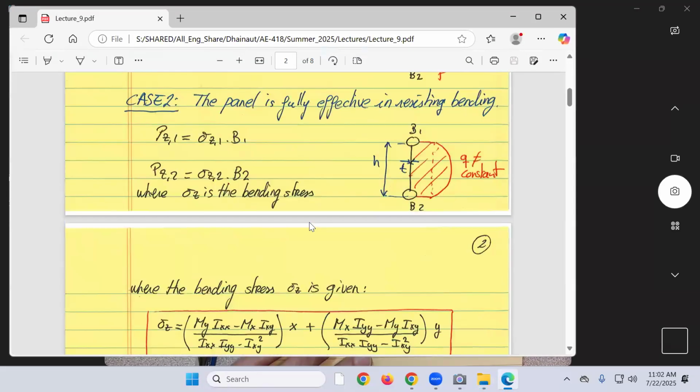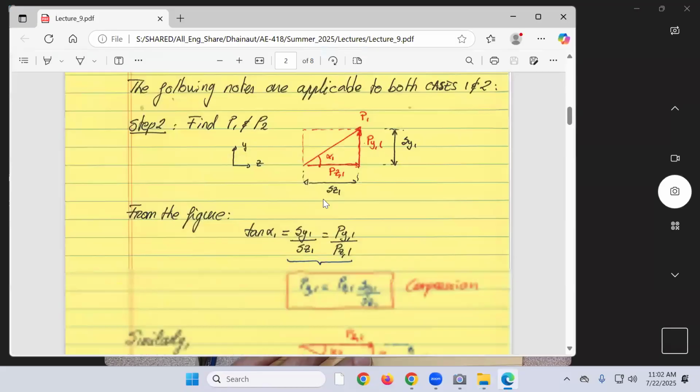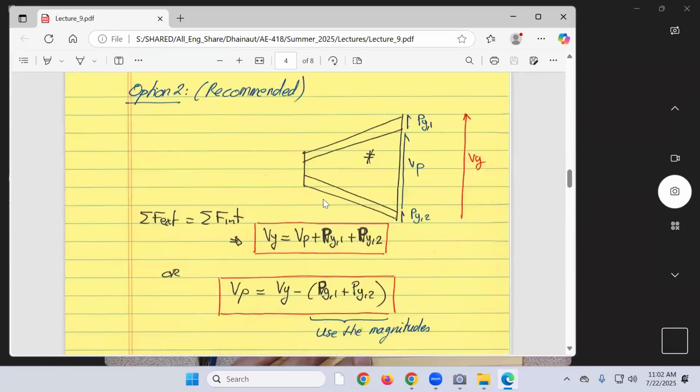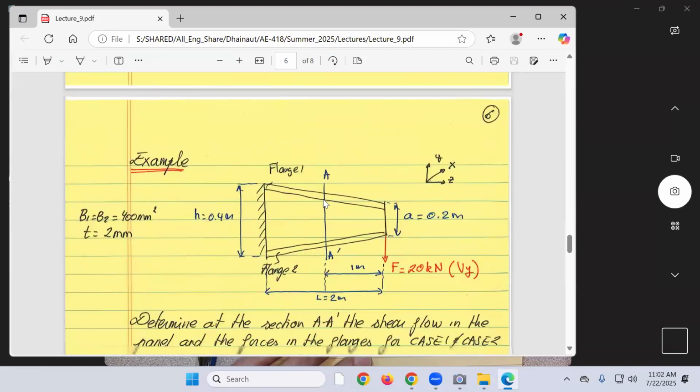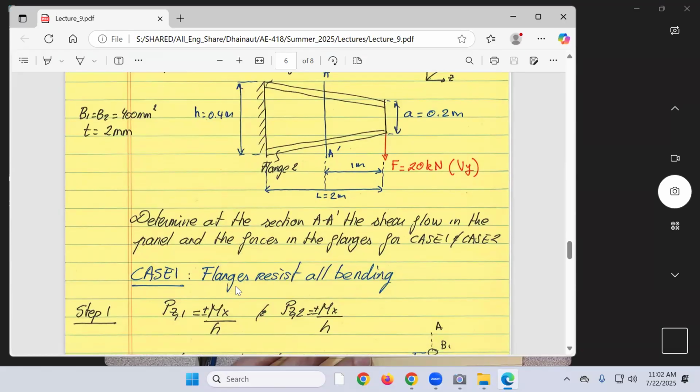Okay, so we're dealing with this problem over here. There was a general procedure, so this was the problem we're doing, case one.